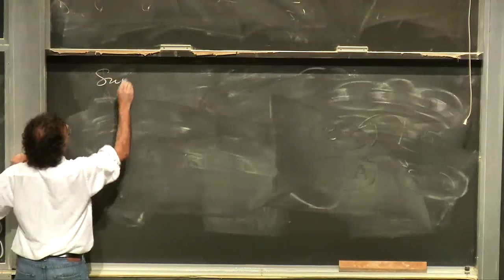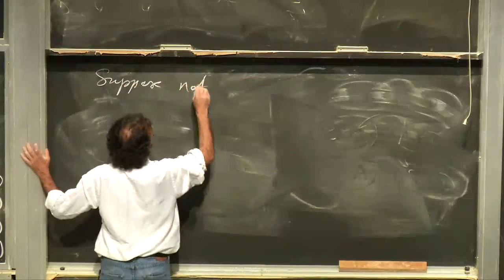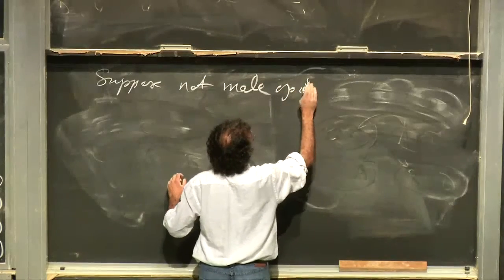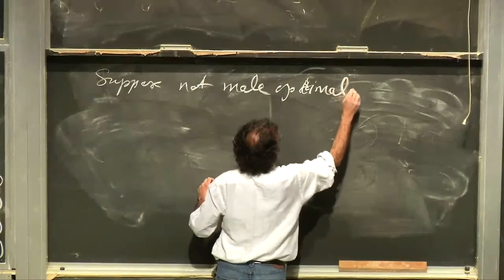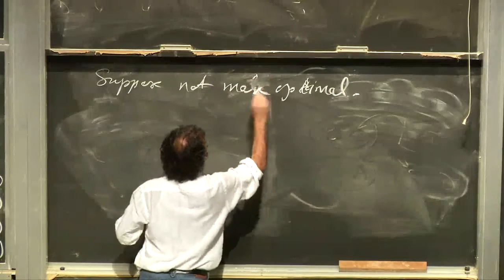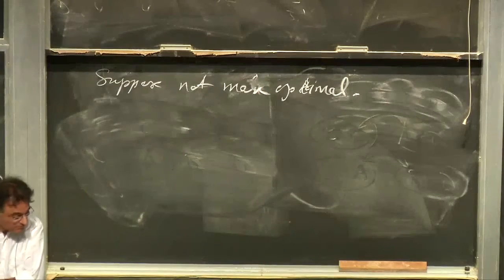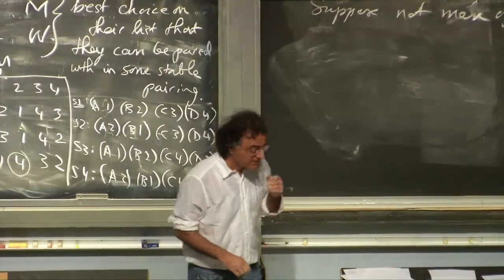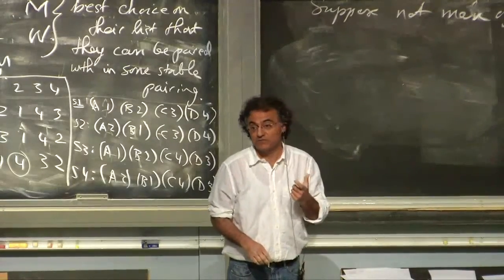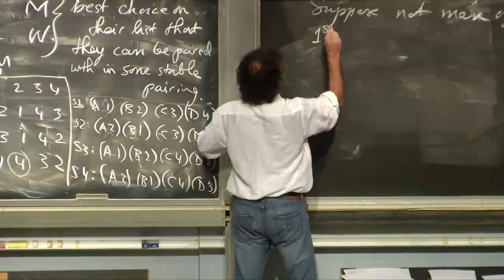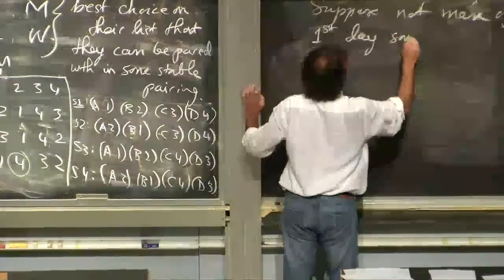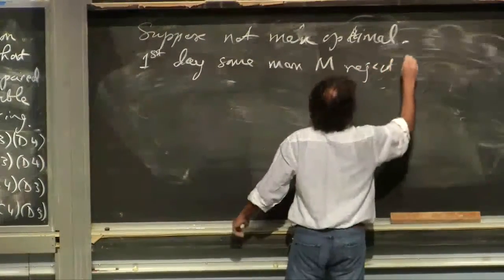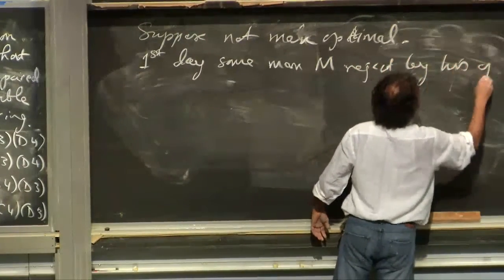Suppose not male optimal. Then there must be some first day that some man got rejected by his optimal woman. So there's a first day some man M rejected by his optimal woman.